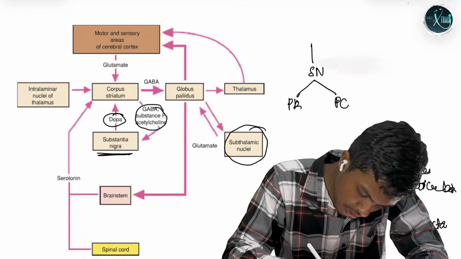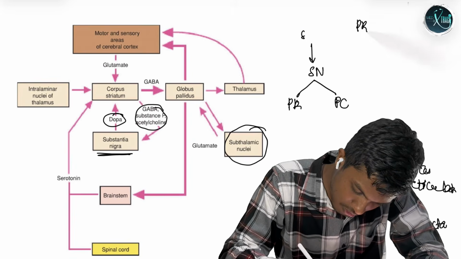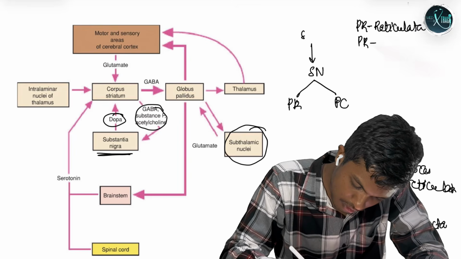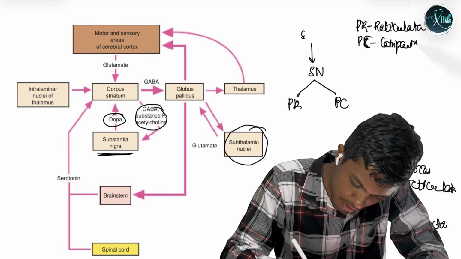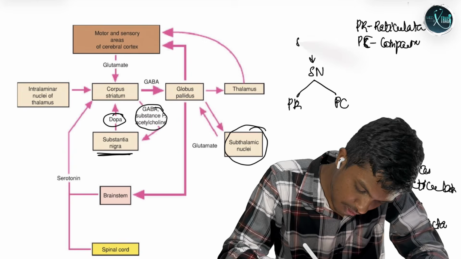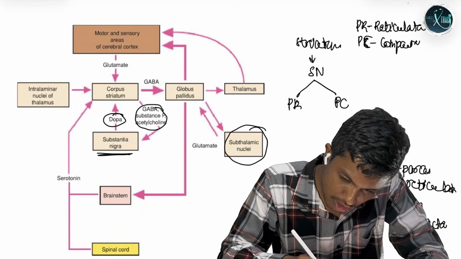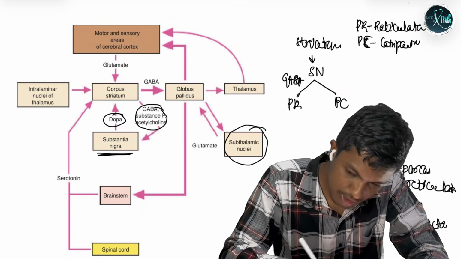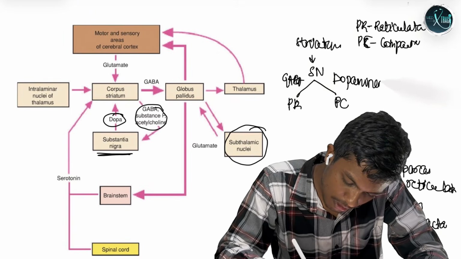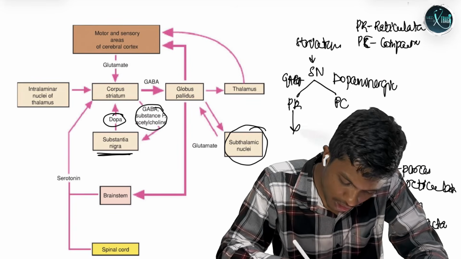The striatum is connected with the substantia nigra, pars reticulata, with GABAergic neurotransmitters, and from pars compacta again the nerve signal is reduced by the dopaminergic pathway, and pars reticulata signals to the thalamus.